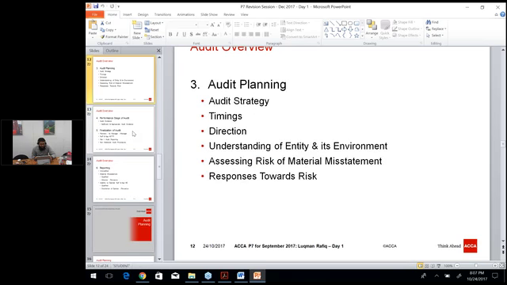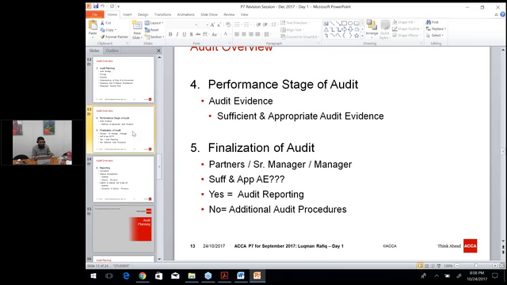We have gone through the audit planning stage. We have planned out the audit, and we have an idea of what overall audit planning involves. Now the next step is the performance stage of the audit and the finalization. We have even discussed what happens at the performance stage of the audit.